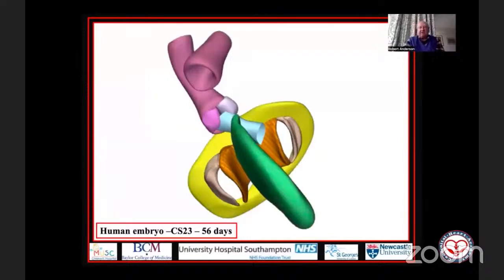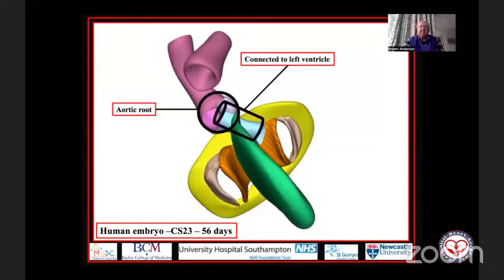But we can see that exactly the same thing is taking place in the human heart. So once more, I'm reverting to these spectacular interactive PDF files prepared by Wout Lammers, Jill Hikspoors from the University of Maastricht in the Netherlands. And here you see in the human embryo at the end of the embryonic period, the aortic root is still straddling the crest of the muscular ventricular septum.